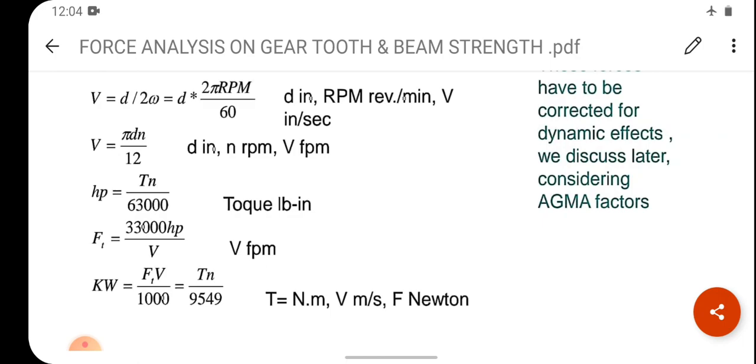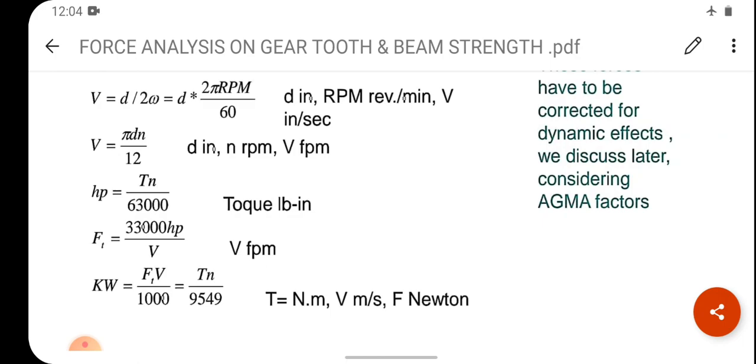So here I have written 2 pi rpm. Rpm is nothing but N. So d in inches, rpm is revolutions per minute, V in inches per second. Also we can write V equals pi d N upon 12, when d is in inches, N is rpm, V is in feet per minute. Clear? So V value is calculated with the help of this formula.